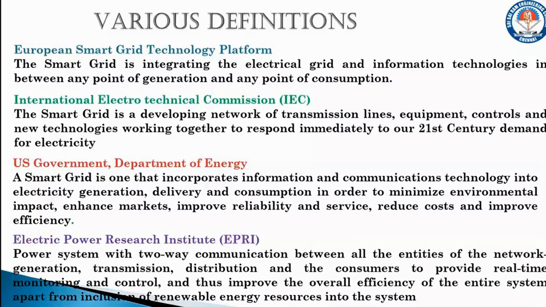By the US Department of Energy, it incorporates information and communication technology into the electrical grid to improve reliability and services, and it also reduces the cost and improves the efficiency. And by the Electric Power Research Institute, it is defined as a power system with two-way communication that provides real-time monitoring and control, and thus improves the efficiency, apart from the inclusion of renewable energy systems into the grid.